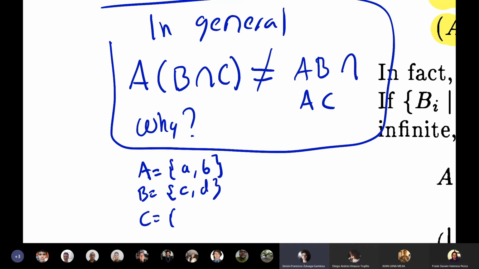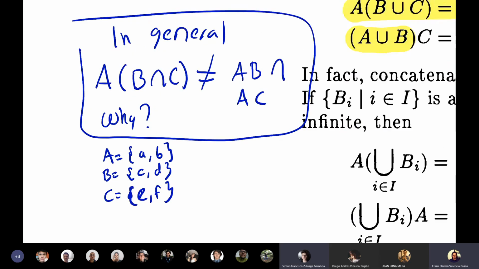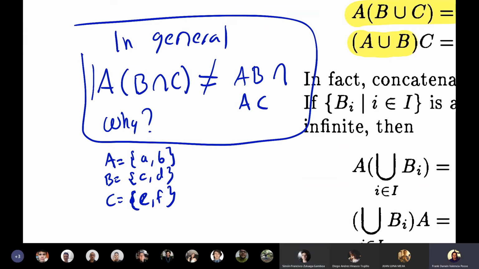E, comma F. So this part was A concatenated with B, C. It's A, C. Okay, wait, let's do it step by step.